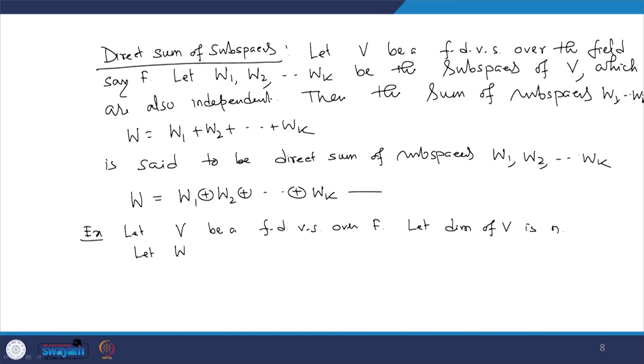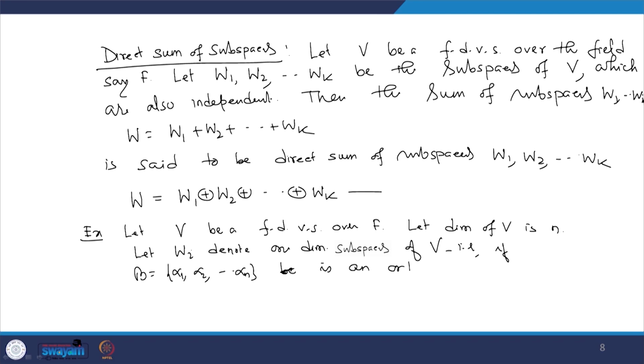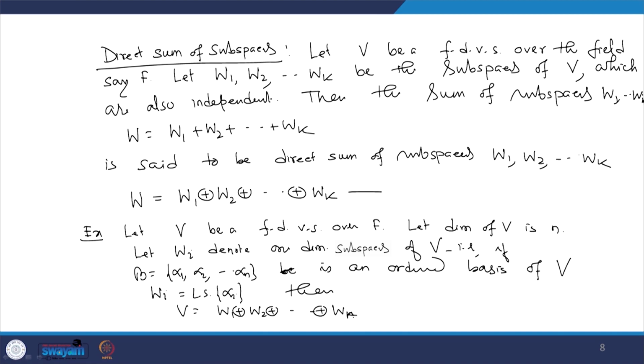Let Wi denote one dimensional subspaces of V. That is, if B equal to alpha 1, alpha 2, alpha n is an ordered basis of V, and Wi is equal to the linear span of only alpha i, then V can be written as the direct sum of W1 plus W2 plus Wn.